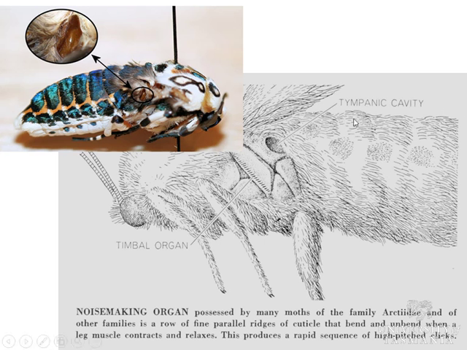But the production of sound was one that was curious, that was worked out in the last decade or so. So here is a tiger moth, and this is the timbal organ here that produces the sound. And you can see that it's got quite an aposematic coloration, which is either oranges, reds, blacks, whites, which means don't eat me, I'm poisonous. And what they're actually doing is producing a call when they're flying, which the bats can identify.